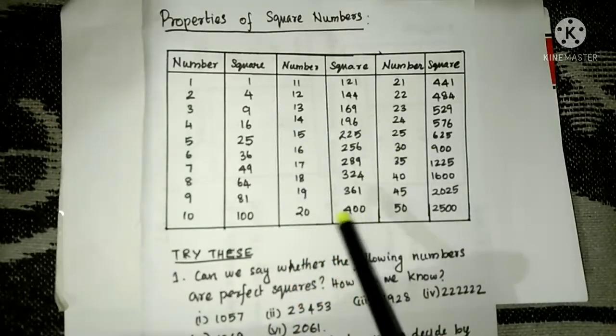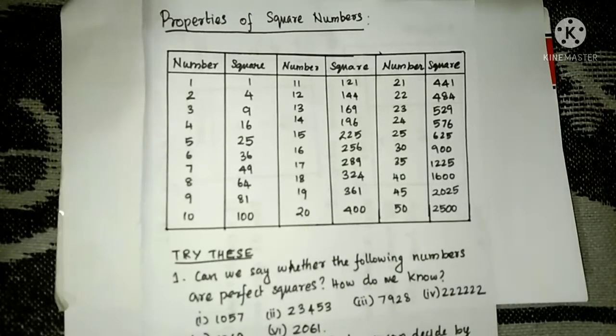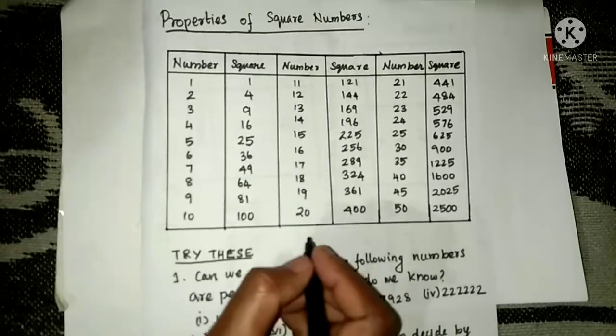If you observe, all these numbers end with 0, 1, 4, 5, 6 or 9 at the units place.